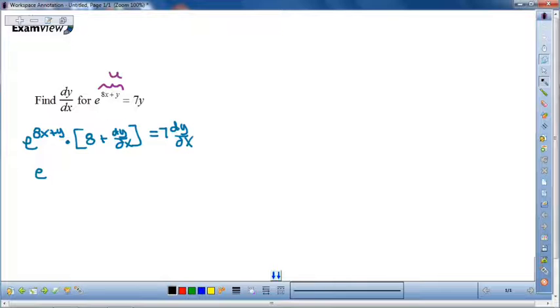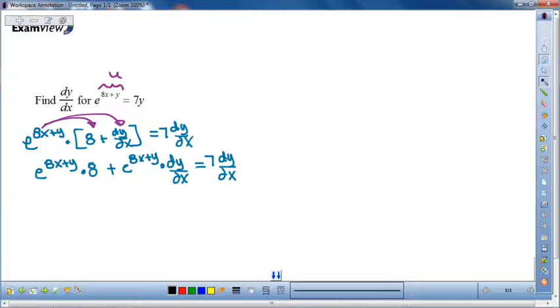So we're going to go ahead and distribute e to the 8x plus y to both terms. Okay, so then we're going to subtract 7 dy dx from both sides and e to the 8x plus y times 8 from both sides.